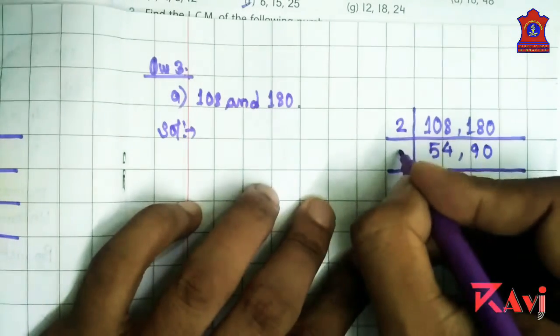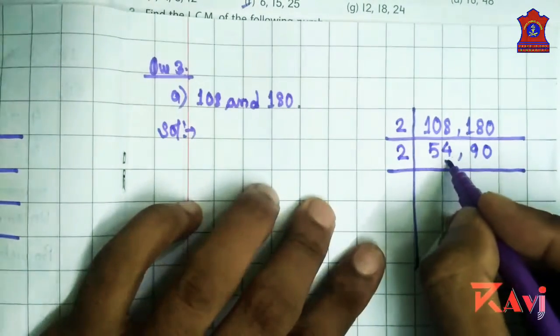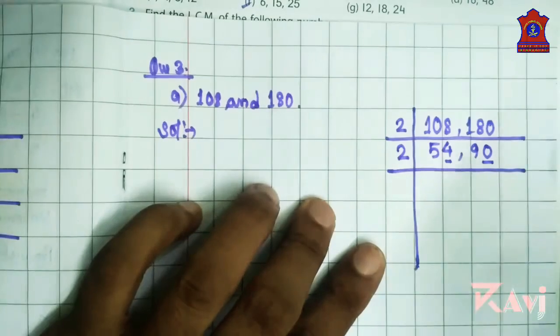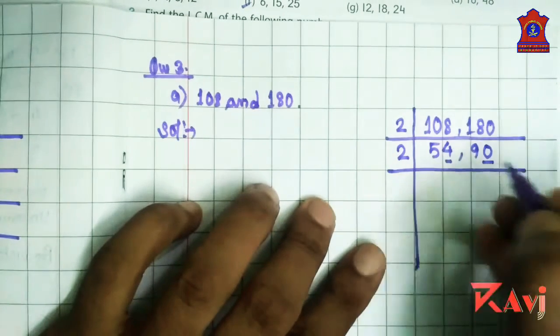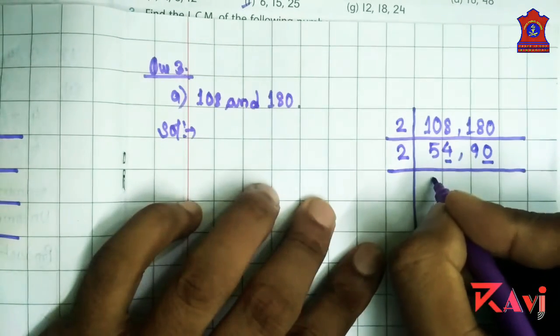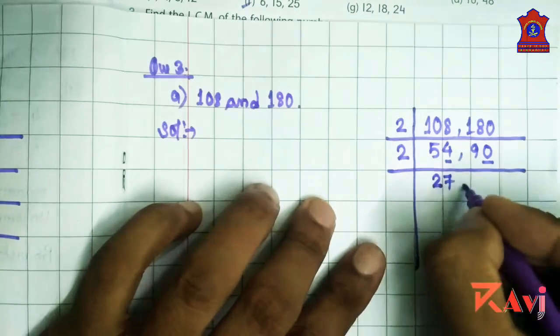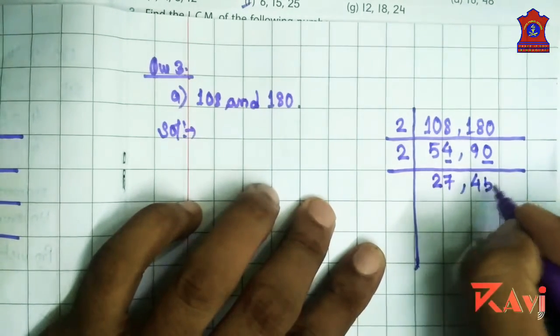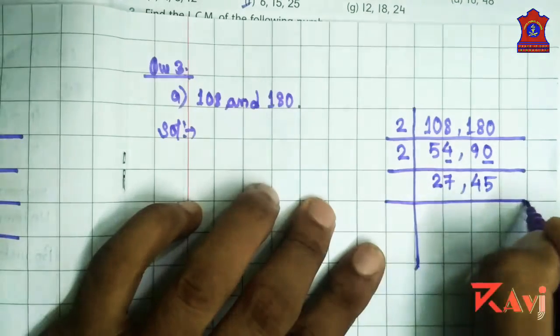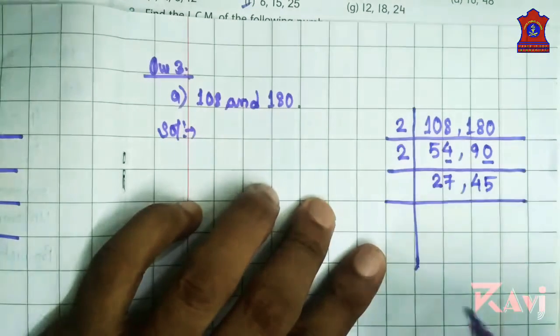Okay, now again see both the digits at ones place are even numbers, so we are going to start with 2 only. 2 2s are 4, 2 7s are 14, 2 4s are 8, 2 5s are 10. Now see both the numbers are odd numbers which are not divisible by 2.